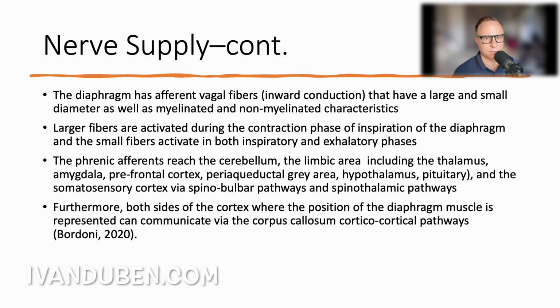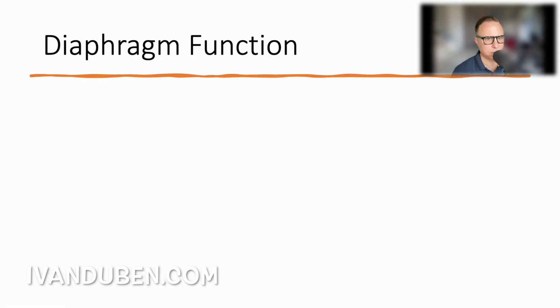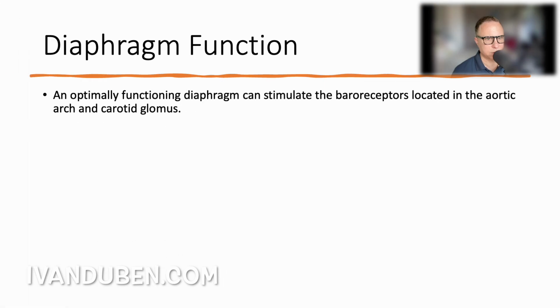So it's easy to see how stress could lead to unconscious stress breathing, that will have a profound impact on the function and even position of the diaphragm and its tone. An optimally functioning diaphragm can stimulate the baroreceptors located in the aortic arch and carotid glomus.